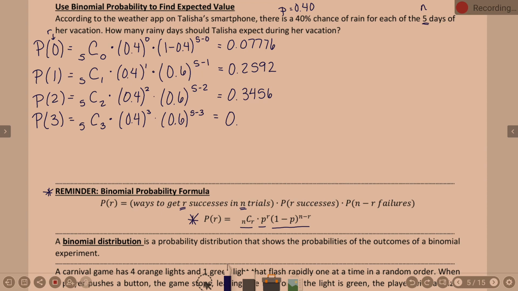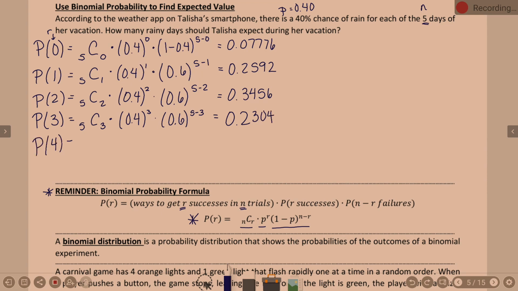Like I could say, okay, that's 5C3 now. That's 0.4 to the third. That's 0.6 to the second. Does your answer match my answer? 0.2304.